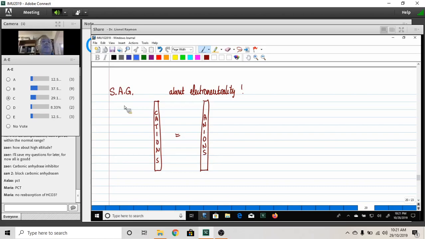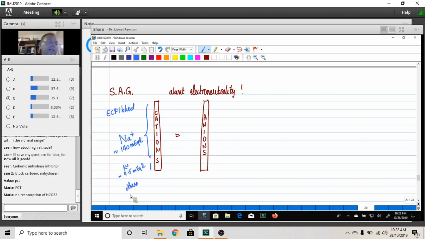It's a principle of electroneutrality. Now, in ECF, in blood, the main cation by far is sodium, which is around 135 to 145, so around 140 milliequivalent per liter. There's a little bit of potassium, around 3.5 to 5, so around 4 to 5 milliequivalent per liter.